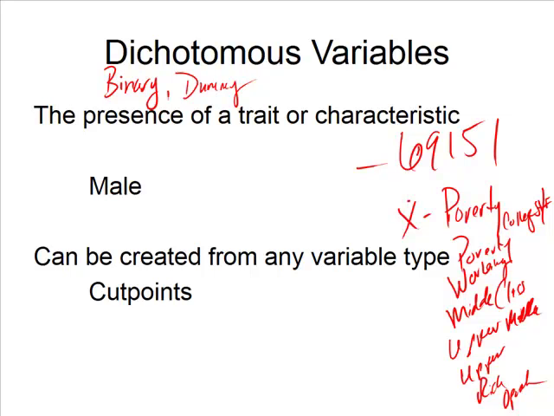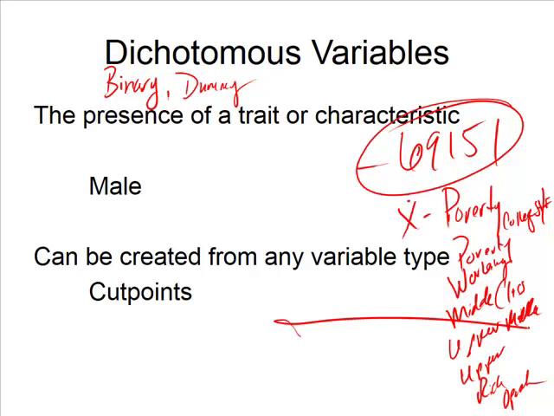Now let's say we don't really like this, right? We don't like assigning values to this. This is impolite. It's too much information to ask somebody, how much money do you make? Because that's impolite. So instead we can create these categories. But here's the problem with categories. People lie. So we can just simplify this, right?